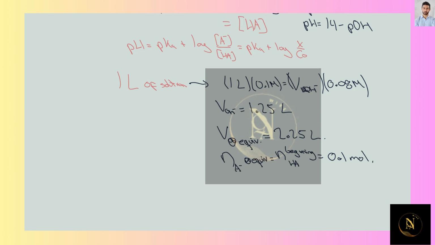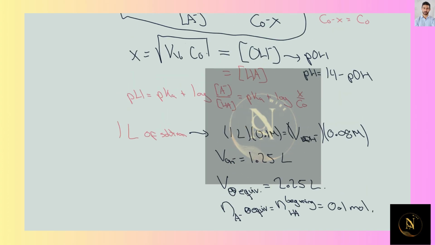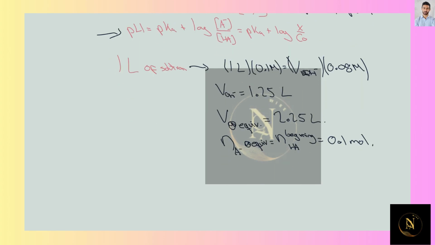Of course, here in theory, they should have given you the volume of the solutions that you're working with, because otherwise there's no way for us to know these values. And you're going to see that both of these methods are actually equivalent.